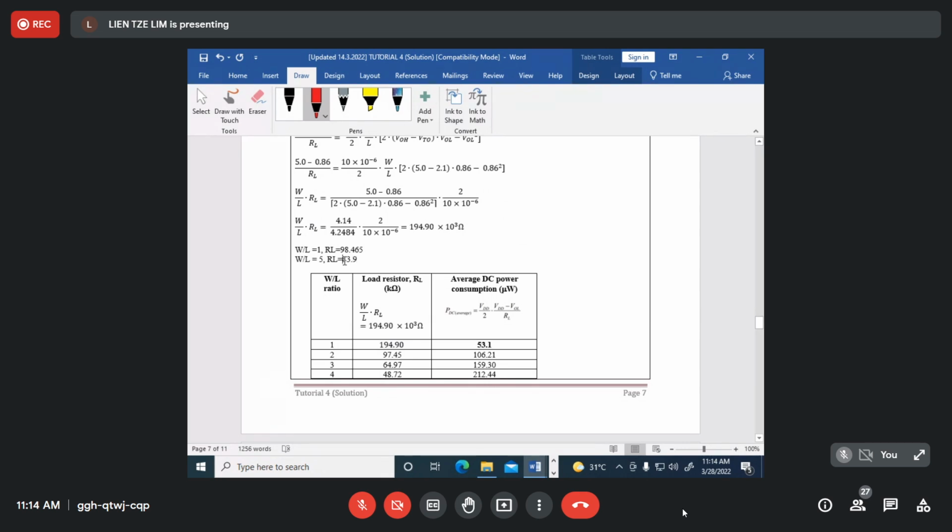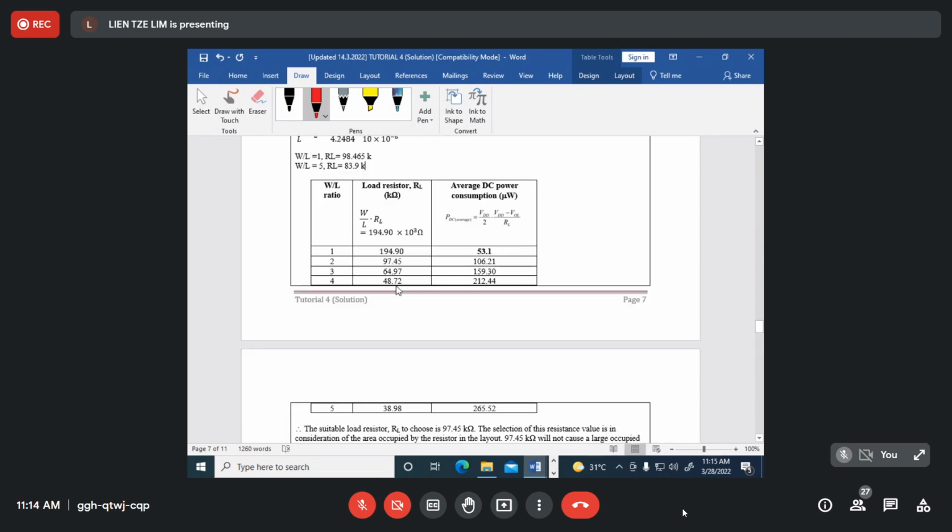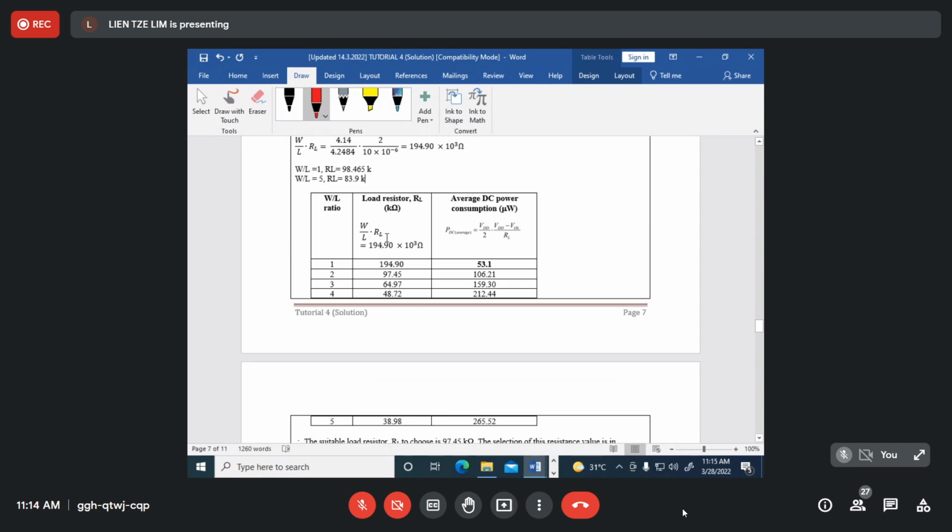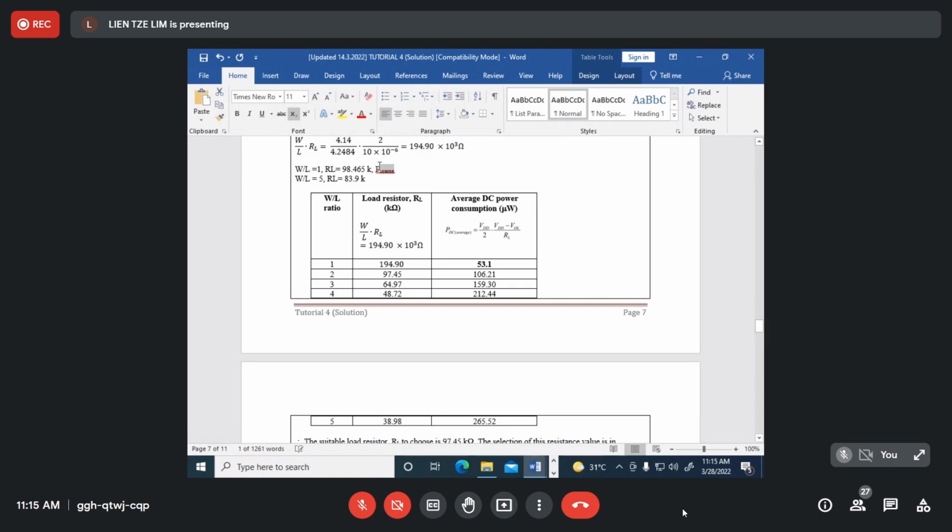This is in kilo ohm, is it? I see that your answer is quite different from mine here. So this power dissipation you also get. Other students, I'm not sure of your answer, which one you get? I will check Yongchuan's answer first.